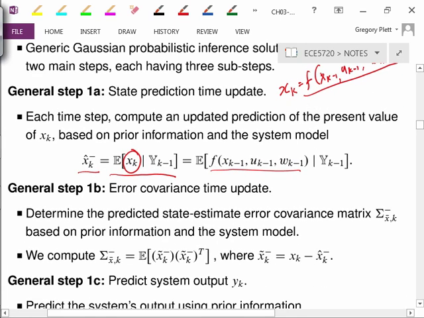Step 1b says that we need to find the covariance of our prediction error. So we would like to find sigma x tilde comma k minus, the prediction error covariance, and we compute that just by definition. The autocovariance is the expected value of x tilde times x tilde transpose, where x tilde is equal to x minus x hat.